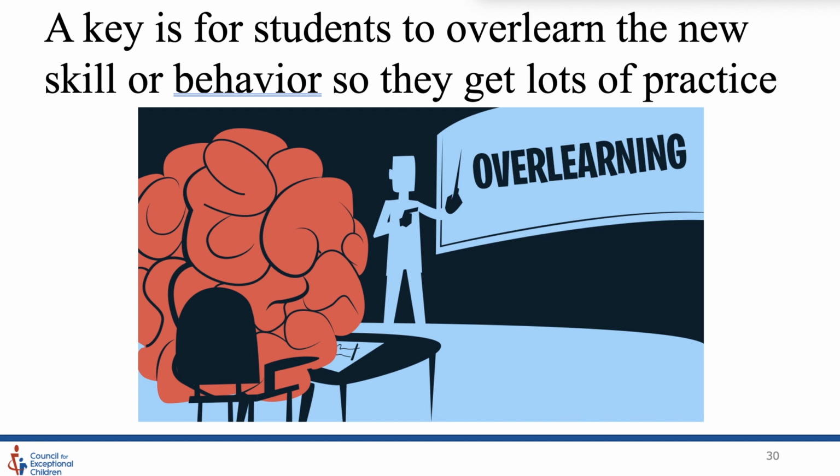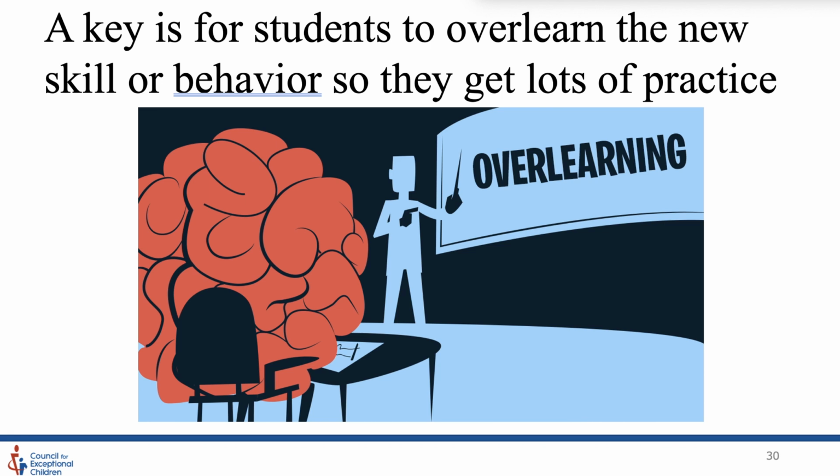And similar to my comment on explicit instruction, you really want students to overlearn what they're doing. You want them to get automatic, at least in that first setting. If a student is really confident using the RAP paraphrasing strategy, read a paragraph, ask yourself, did I understand it? P, put it in your own words.